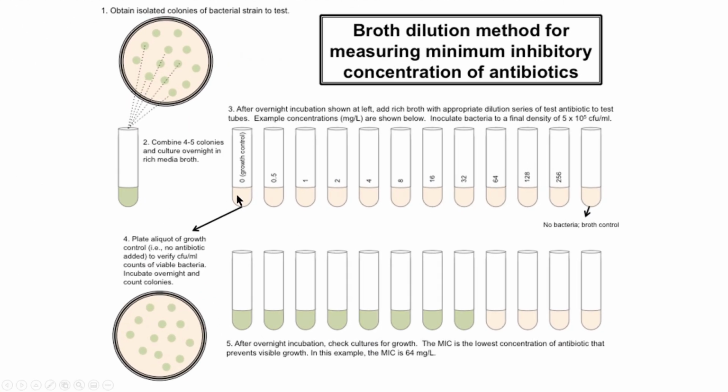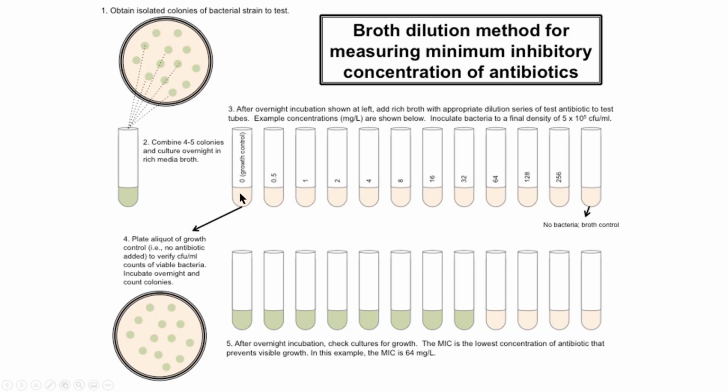So you can imagine a series of test tubes in the microbiology lab, and in each test tube we will have a broth. Broth is essentially nutrients for bacteria to grow. Now these are sterile, so there are no bacteria in them, and what we do is put the antibiotic of choice that we are trying to test in these test tubes, and we increase the concentration of antibiotic in each test tube, so kind of double the dilution.